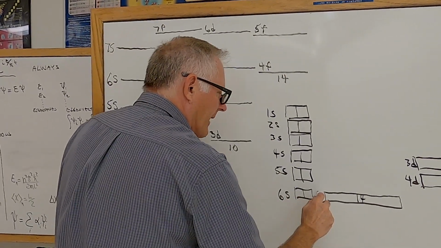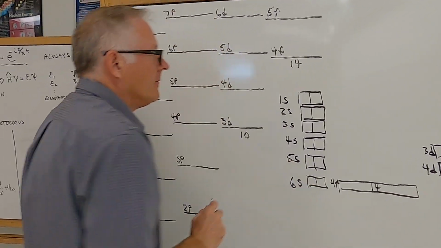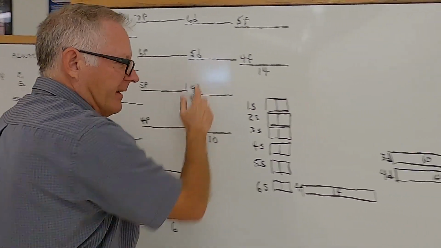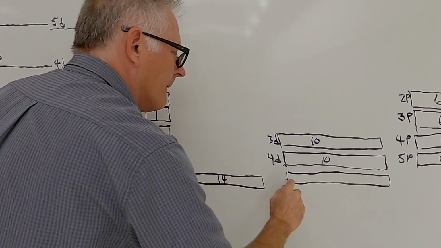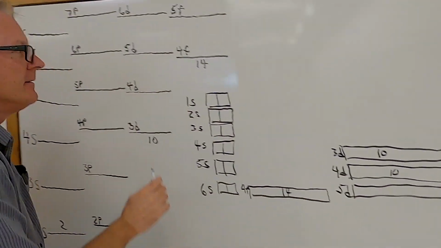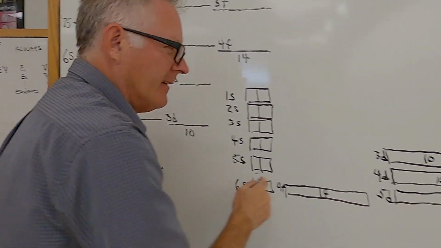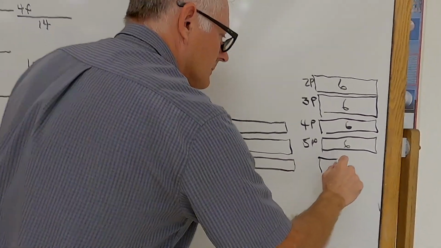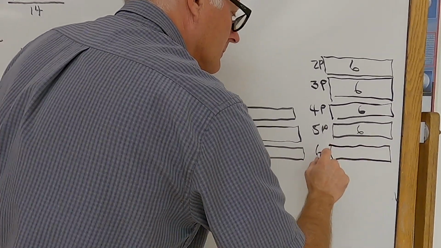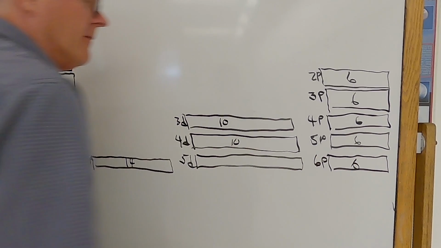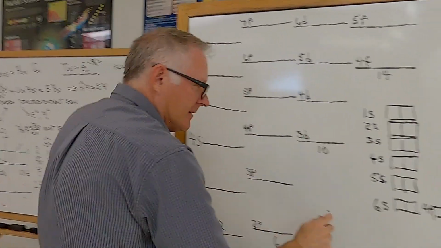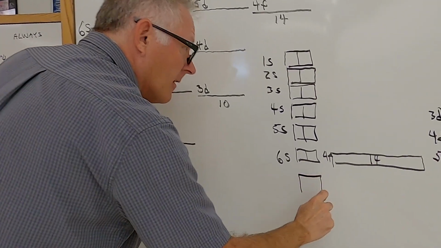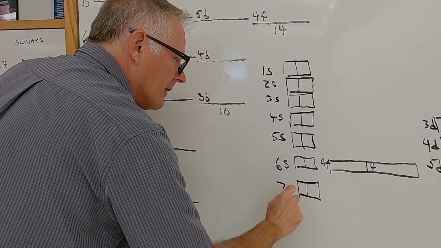That's the 4f. Then the 5d, which would be over here. Then 6p, 6 of them. 7s.